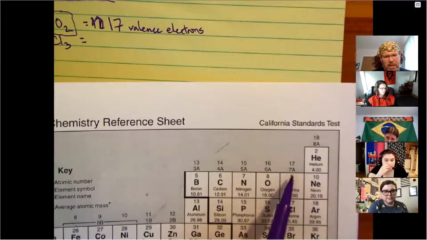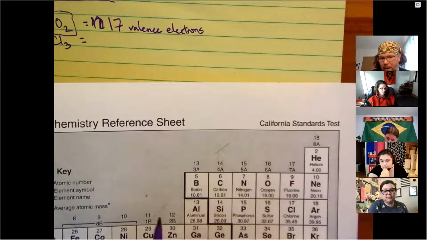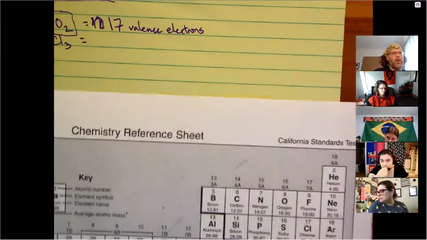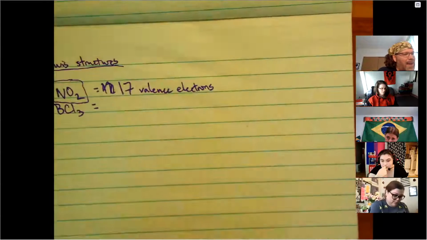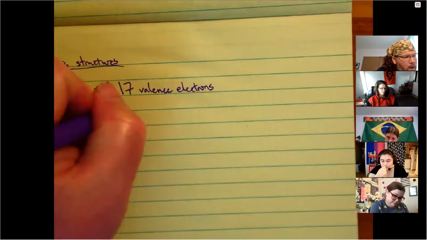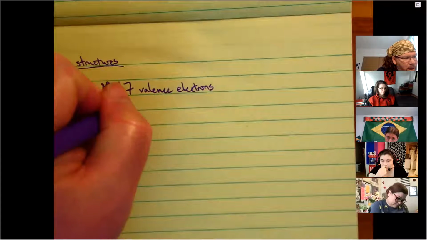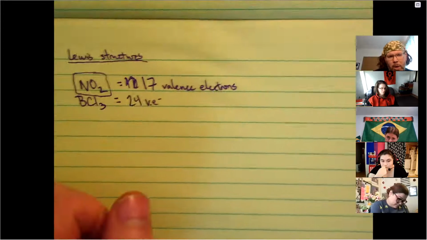Each of the 3 chlorines is in group 7, which means each one of those has 7 valence electrons. So 7 times 3 is 21 for the 3 chlorines, and another 3 for the boron gives us 24 valence electrons. So this Lewis structure has to have exactly 24 valence electrons in it, no more, no less.